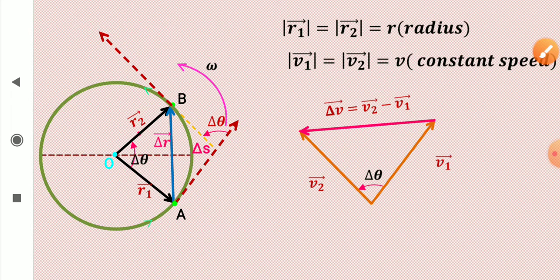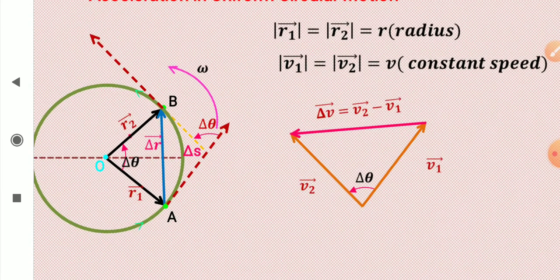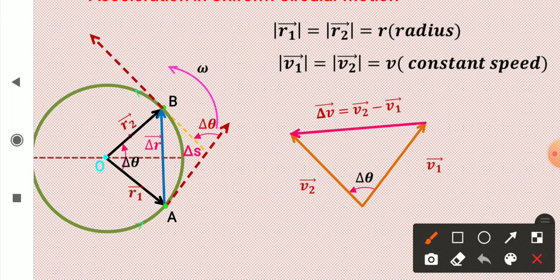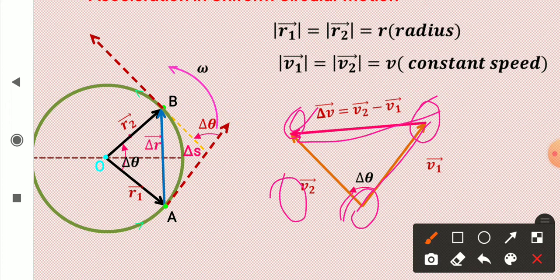And one more thing, you see that this vector v1 plus this vector v2 is equal to this vector: tail to head v1 plus second vector tail to head, and this third one is first tail to last head. That means v2 is equal to the sum of this vector and this vector.